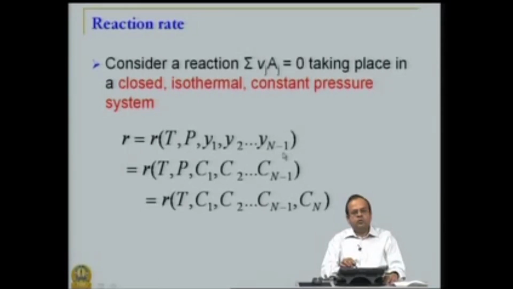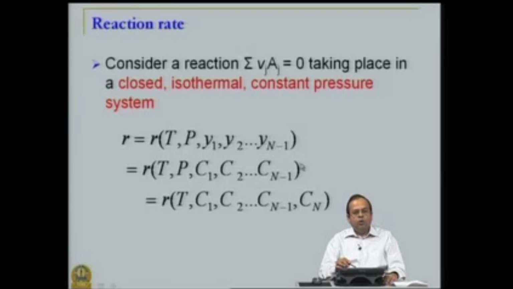Then we need to specify mole fractions of only 2 components, because the third one will be determined by the fact that y1 plus y2 plus y3, or all mole fractions, should add up to 1. In other words, if we have n components, we need only n minus 1 mole fractions.